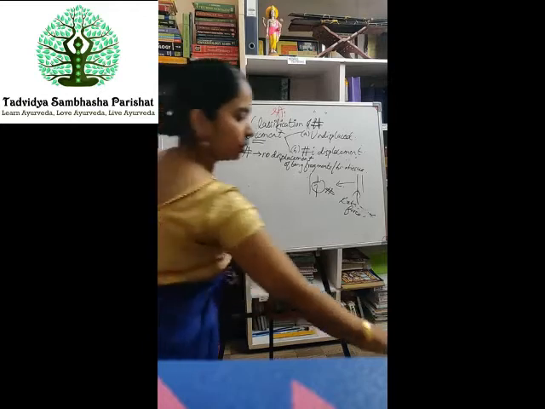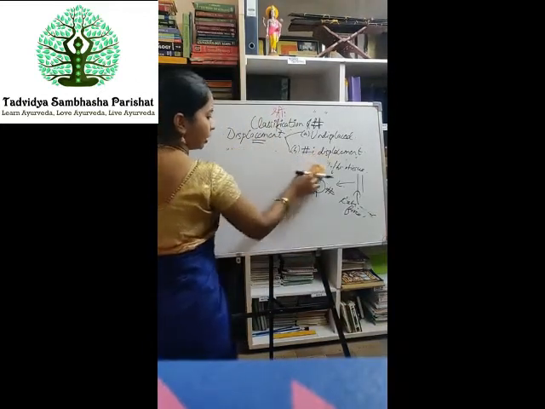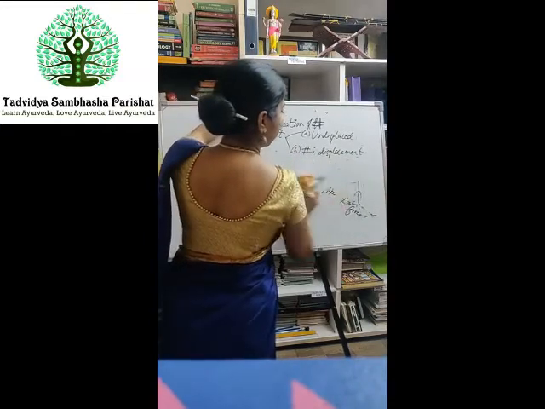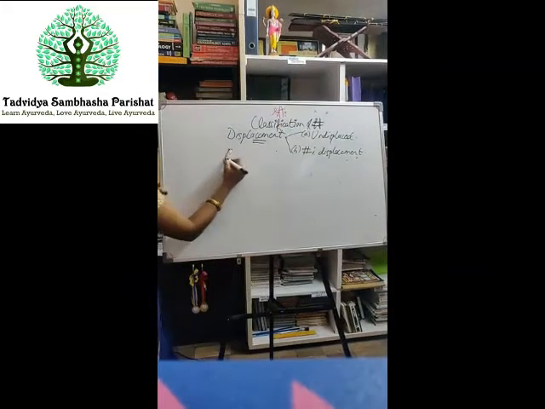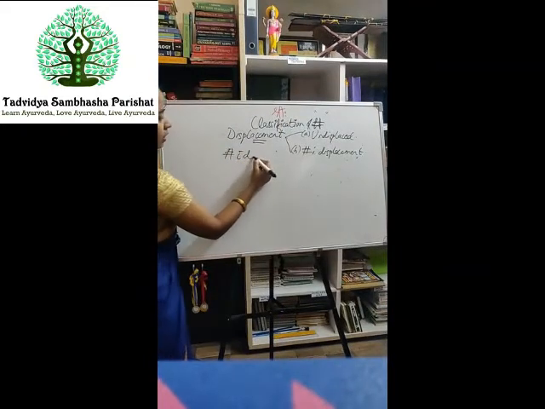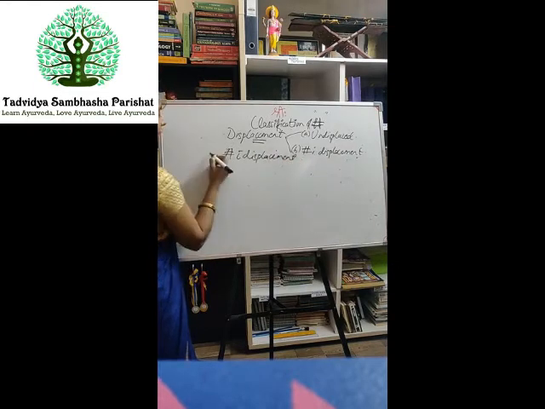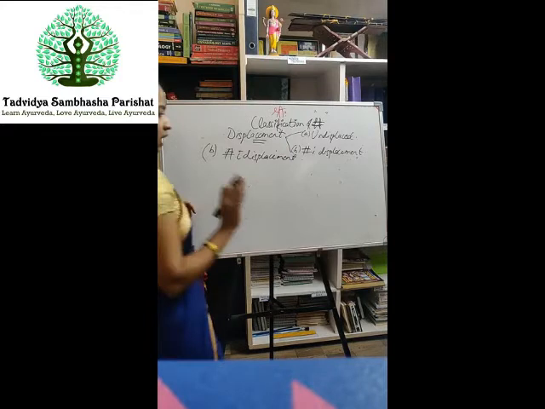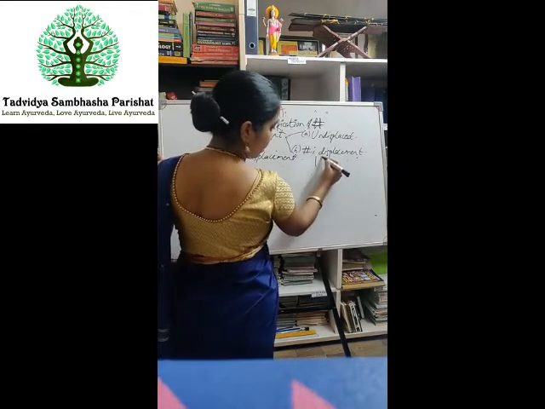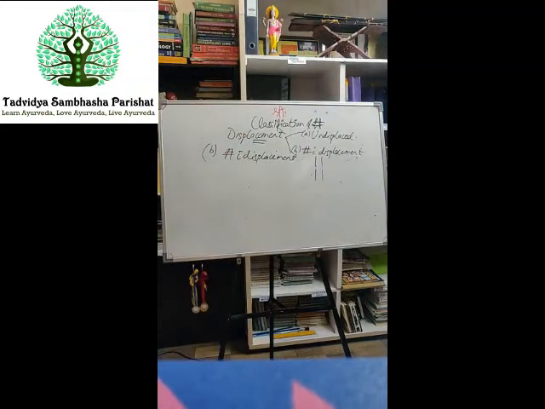Now we move on to fracture with displacement. This is very important. So this is B. One thing we have to keep in mind is, suppose this is the fracture fragment of a single bone.